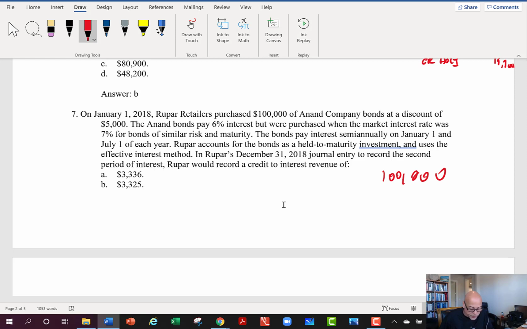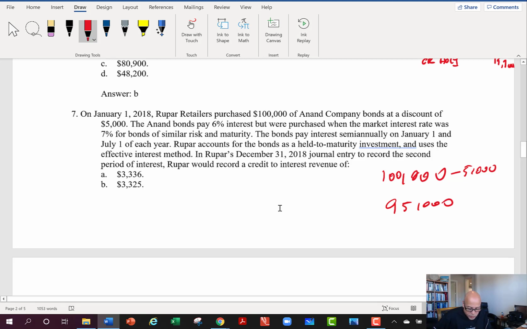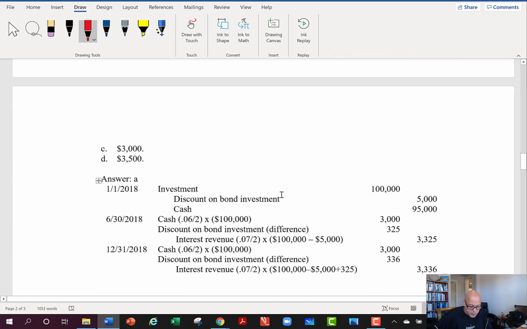We have the 100,000, we subtract 5,000 for the discount. They bought it at a discount of 5,000, so that means they purchased the bond for 95,000. Now just to look at the answer here, there's the journal entry when they purchased the bond.